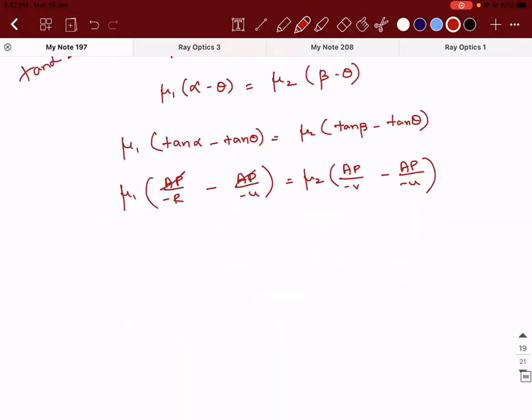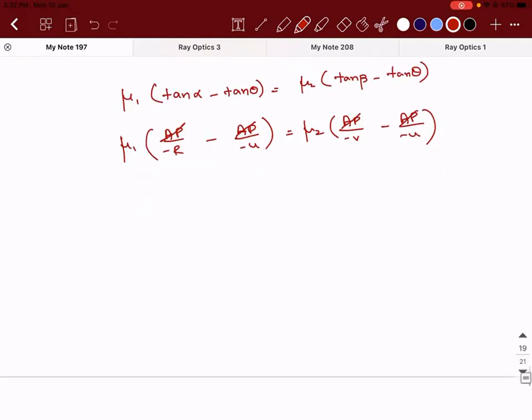So AP will get cancelled. Okay. So you will get minus mu1 divided by R plus mu1 divided by U is equal to minus mu2 divided by V plus mu2 divided by U. Is it right?